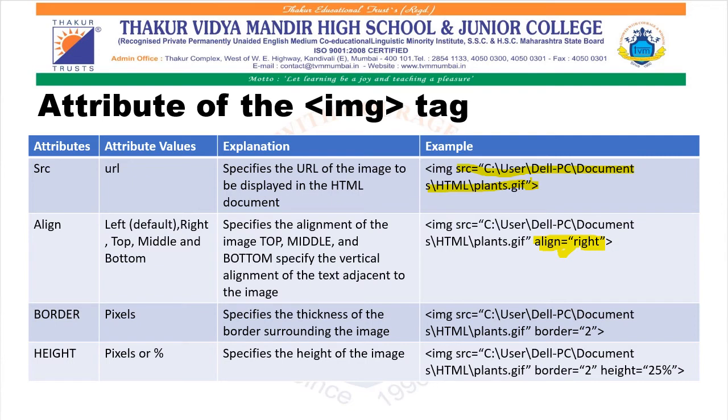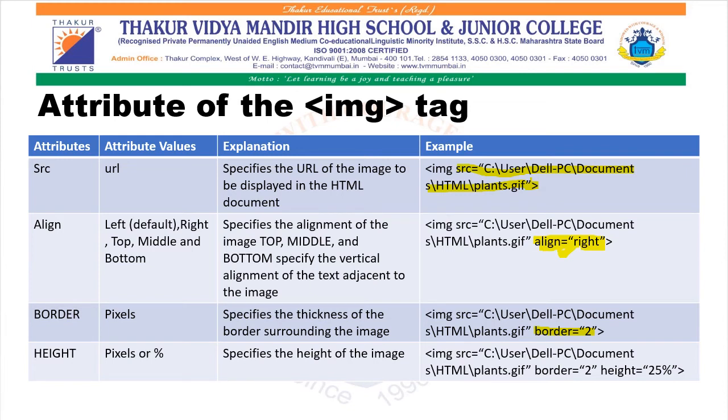Now the next attribute is border. The border specifies the thickness surrounding the image. This border has a measurement which is defined in pixels. How thick the border will appear on the screen, you need to specify in this attribute value.